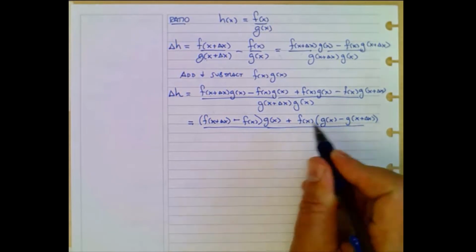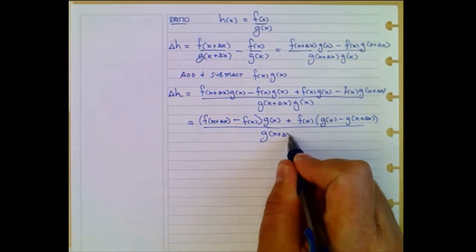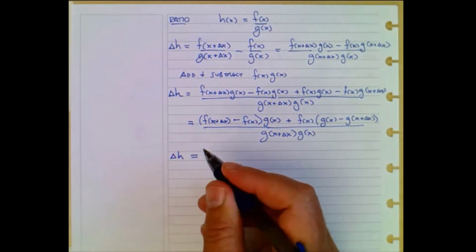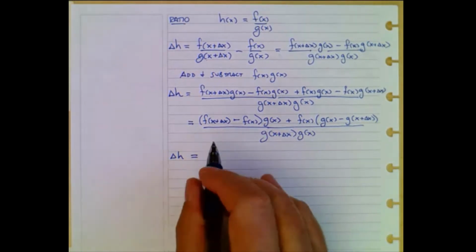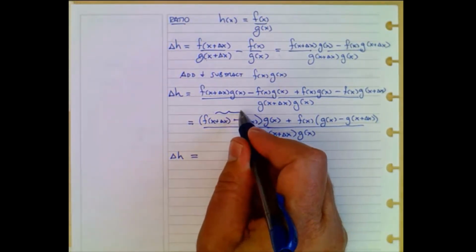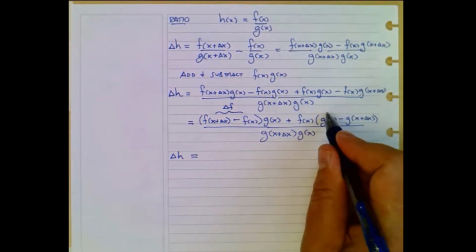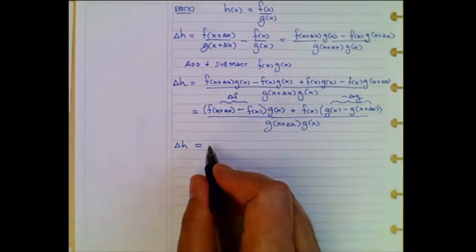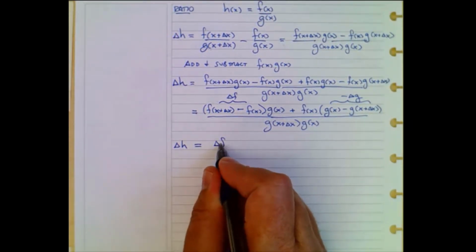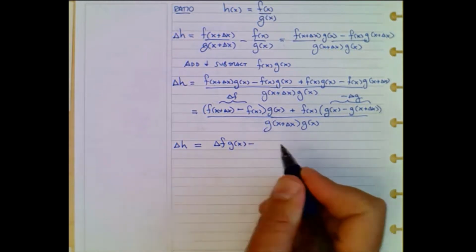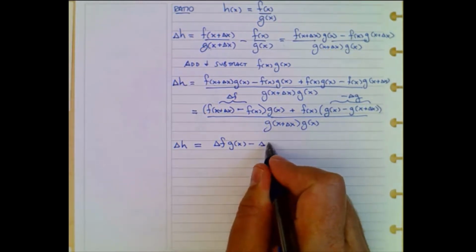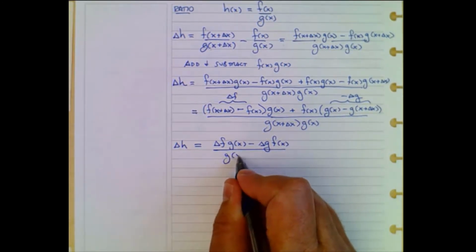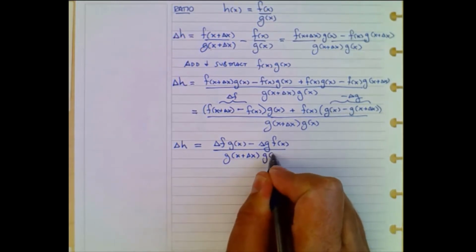Again, the denominator is still g of x plus delta x times g of x. Now to simplify my expression here, this term is delta f, and this term is minus delta g. So what we've got is delta f times g of x minus delta g times f of x, and then still divided by g of x plus delta x times g of x.